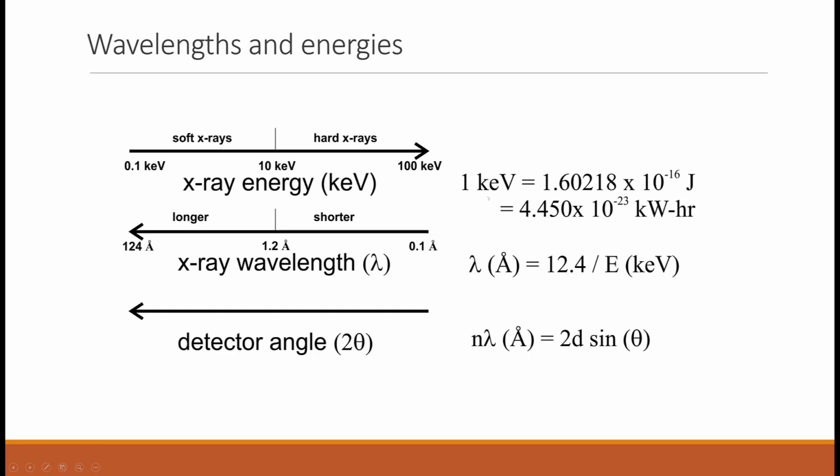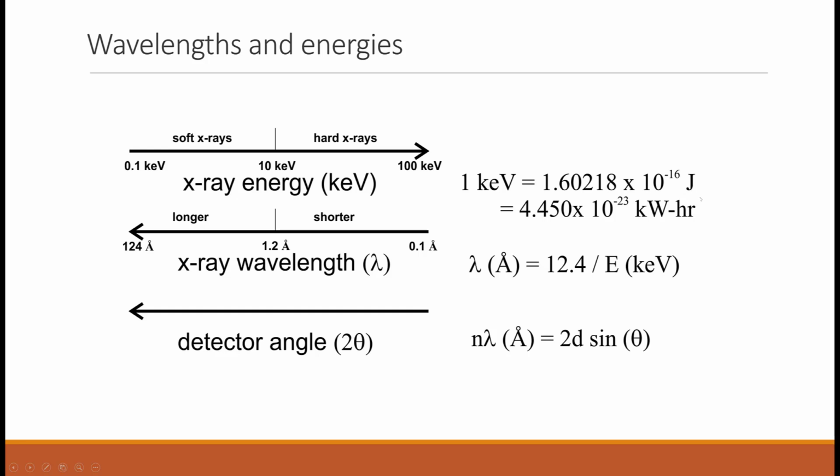By the way, an electron volt relates the amount of movement that we have for an electron when it's being propagated under a volt of potential. And of course, now we're talking about thousands of them when we talk about kiloelectron volts. It's just a unit of energy. And if you're more comfortable with joules, it's equivalent to 1.60218 times 10 to the minus 16 joules.